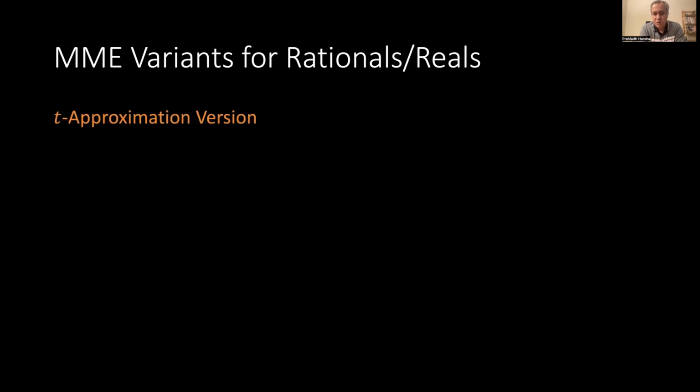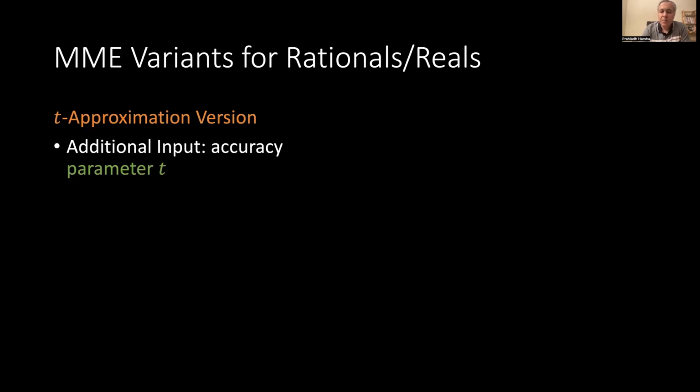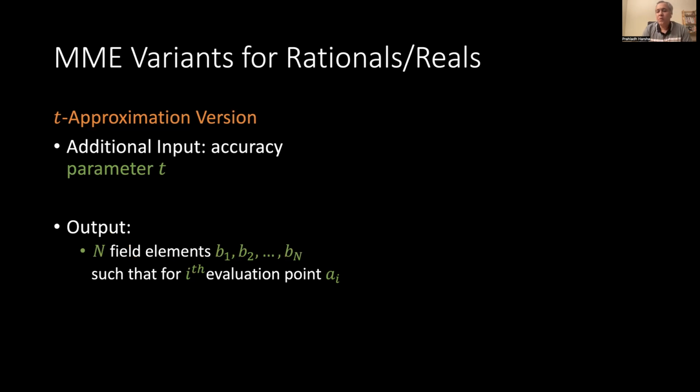First is the approximate version. Here, in addition to the usual MME inputs, we are given an extra input, which we'll denote by the parameter t. It's called the approximation or the accuracy parameter. And here, the t-approximate MME algorithm is required to output n field elements, b1, b2, up to bn, which are not necessarily the evaluations, but good enough additive approximations of the evaluations.